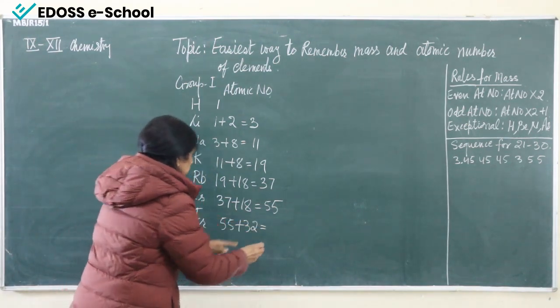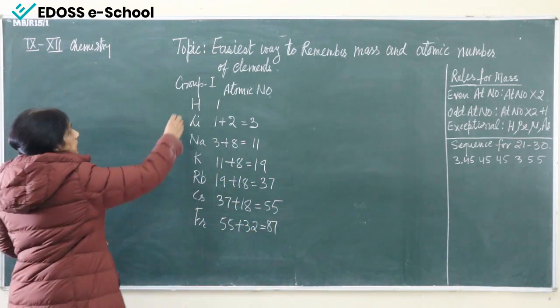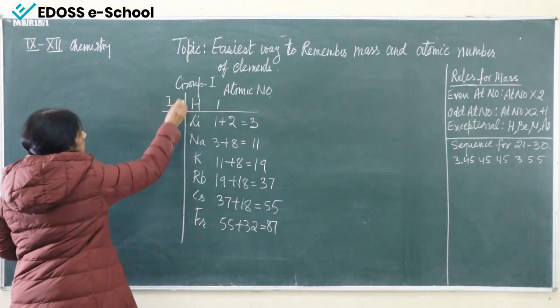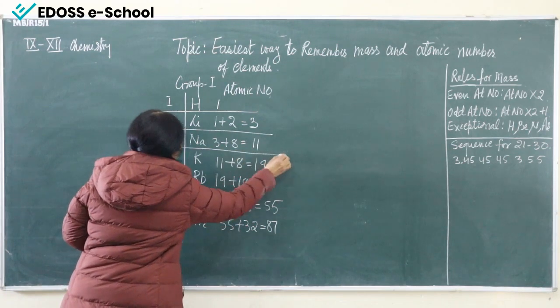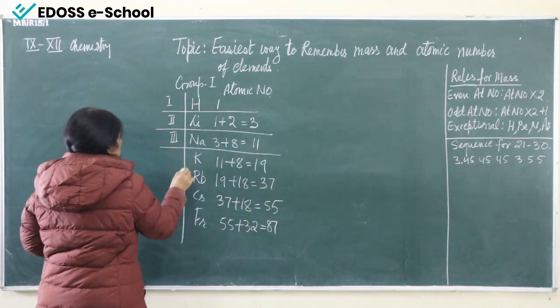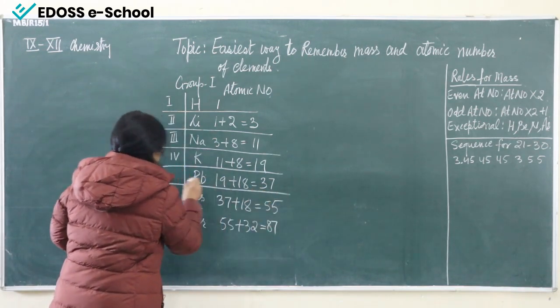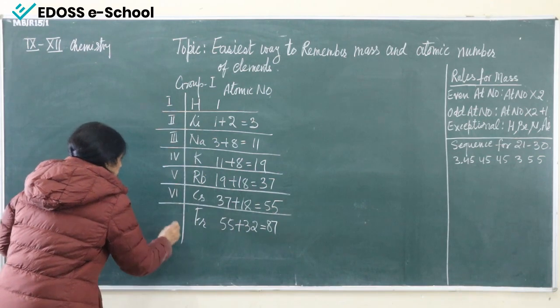So this will be this way. Here we can see this is period 1, this is period 2, this is period 3, this is period 4, period 5, period 6 and period 7.